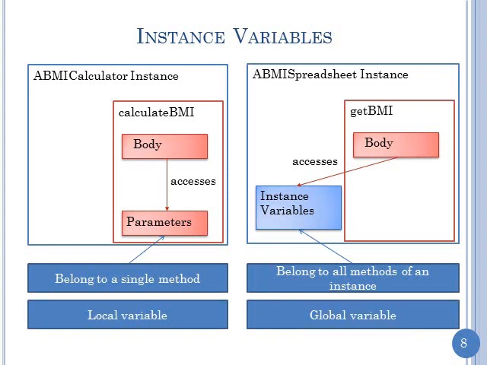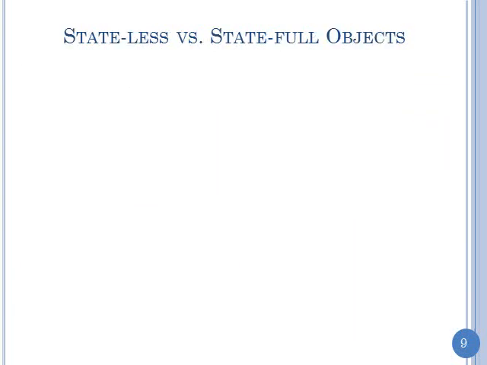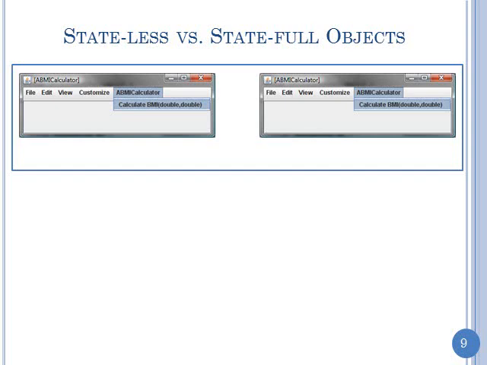Just what we said. So this is a special kind of global variable. So if I take two instances of BMI calculator, they look identical. Okay, it's like you buy two cars and they are identical when you buy them, and they remain identical for the lifetime of the cars.